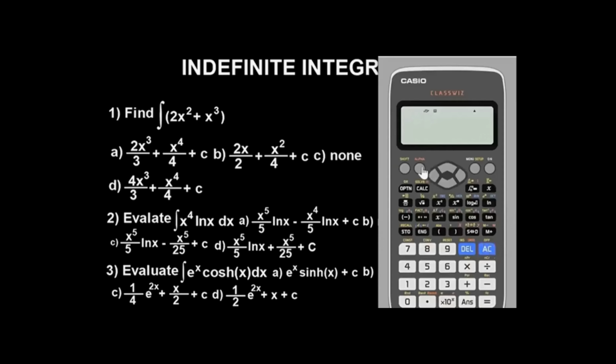So let's differentiate. To differentiate, you press the shift button. This button has the integral sign on it to come out. So let's differentiate option A. The starting is in fraction.